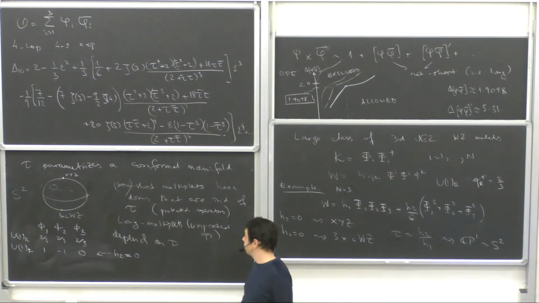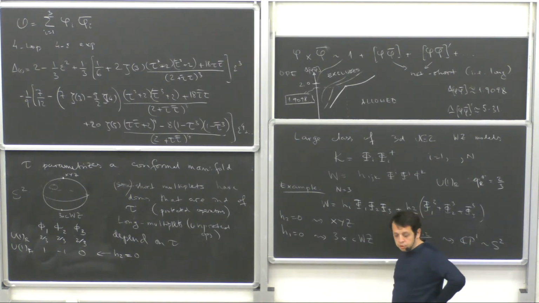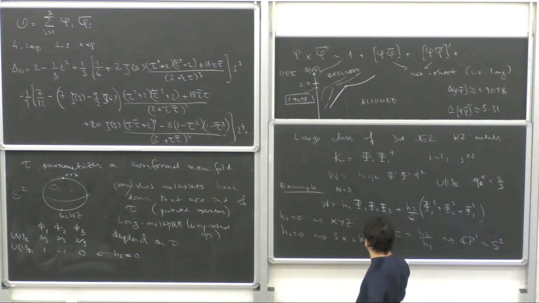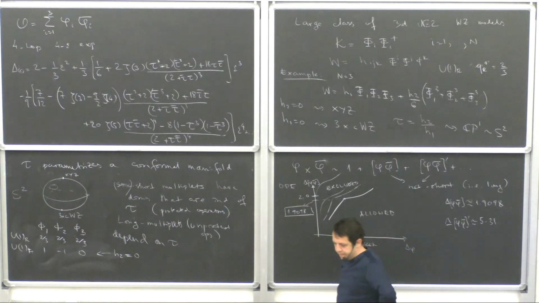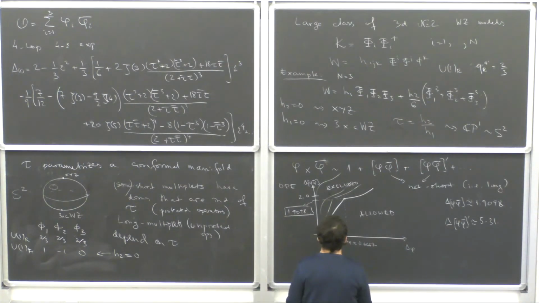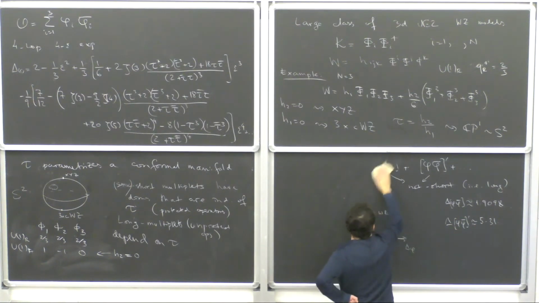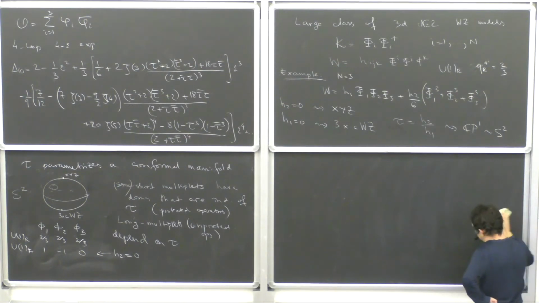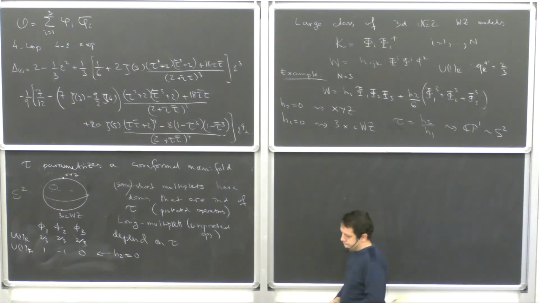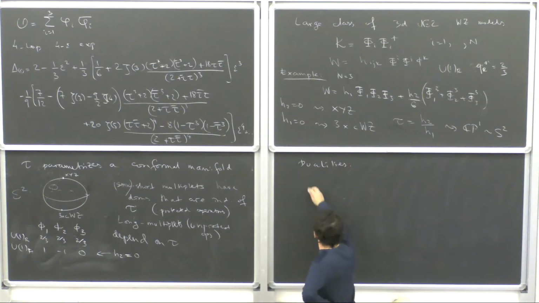Final comment. This XYZ model, this model with H2 equal to 0, has an interesting property, or it illustrates another deep idea in quantum field theory that was emphasized by Seiberg: dualities. This is not in my notes, so I will improvise a little bit.